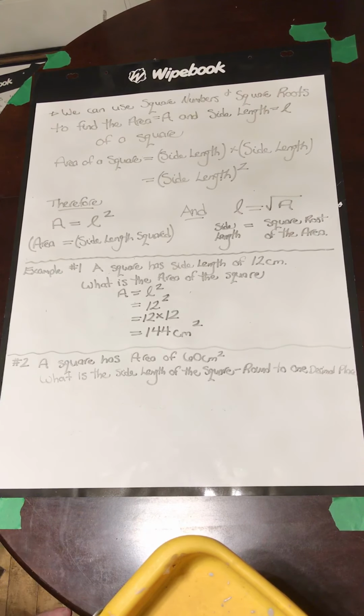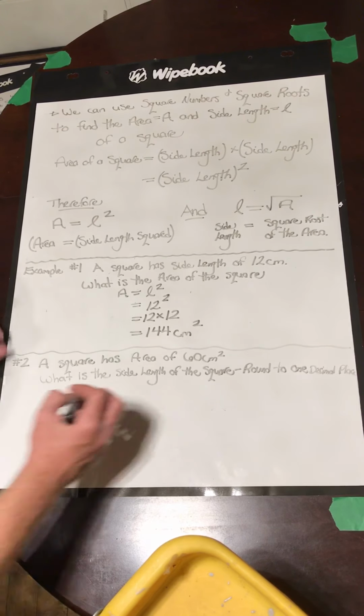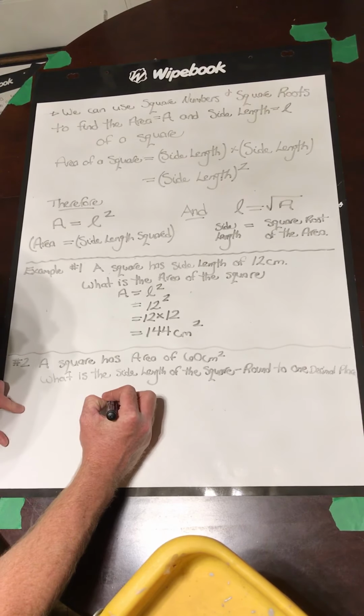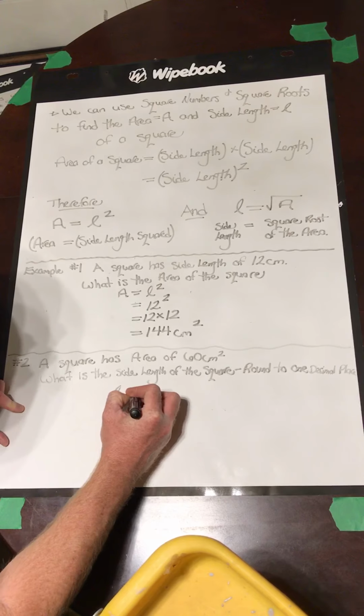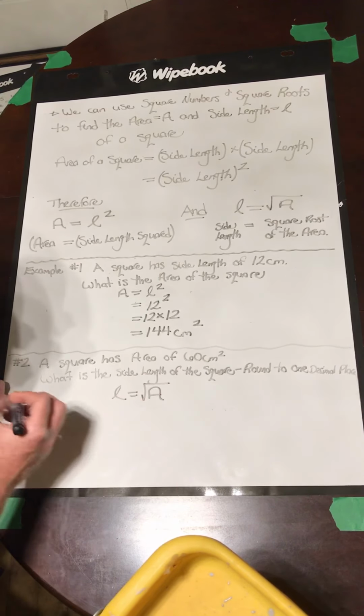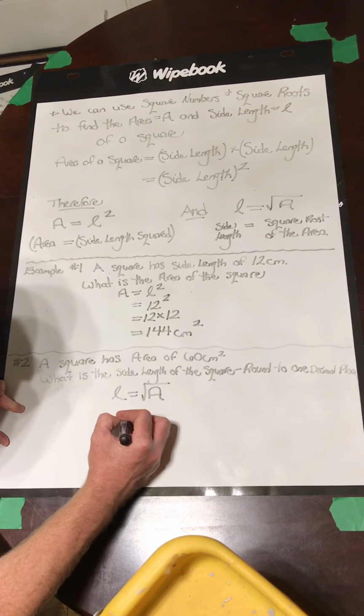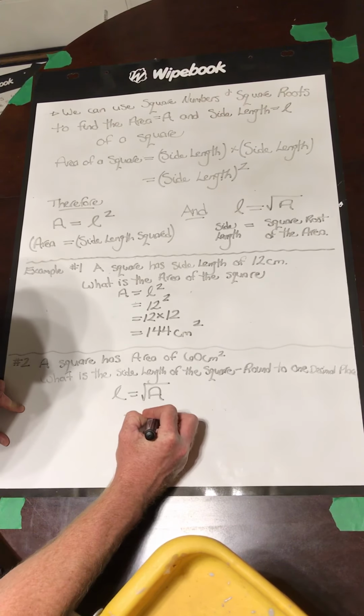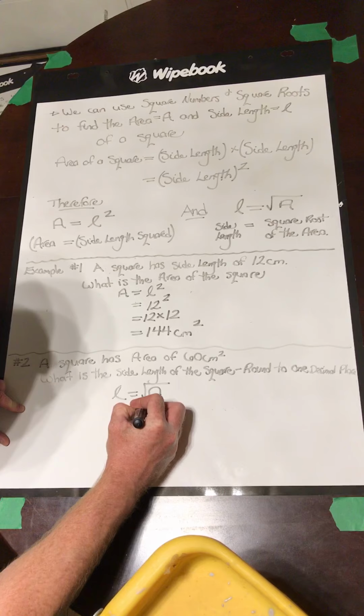Second example, a square has an area of 60 centimeters squared. What is the side length of the square, rounded to 1 decimal place? Well, from above, I know that side length L is equal to the square root of the area of the square. So I'm going to take the square root of 60.